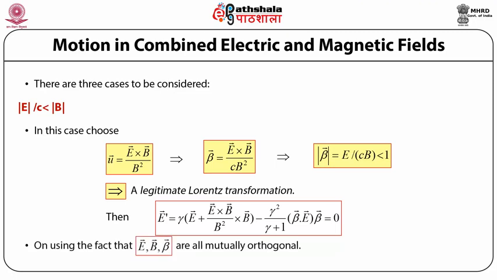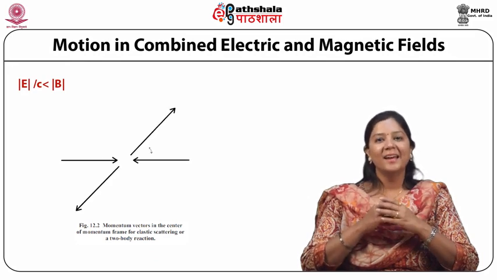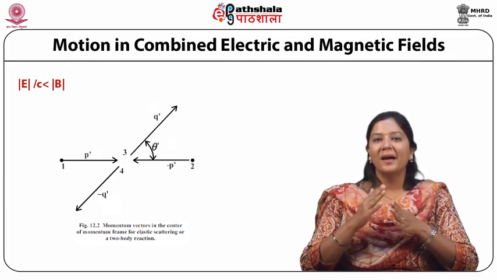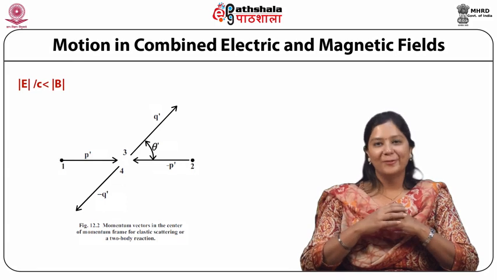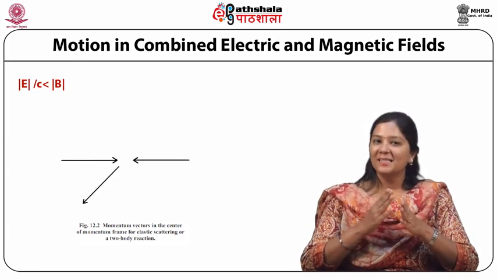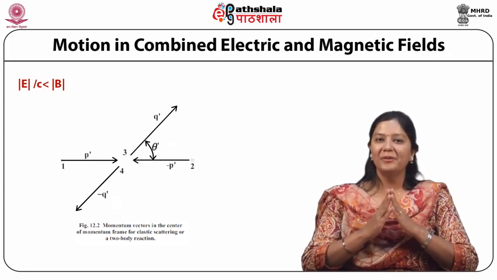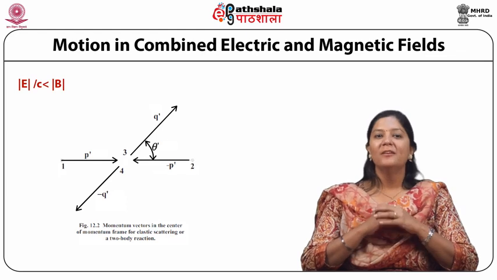Since E, B and beta are mutually orthogonal, the trajectory in the K dash frame is thus a spiral around the lines of force. In the original frame of reference K, this gyration around the lines of force is accompanied by a uniform drift normal to the fields.